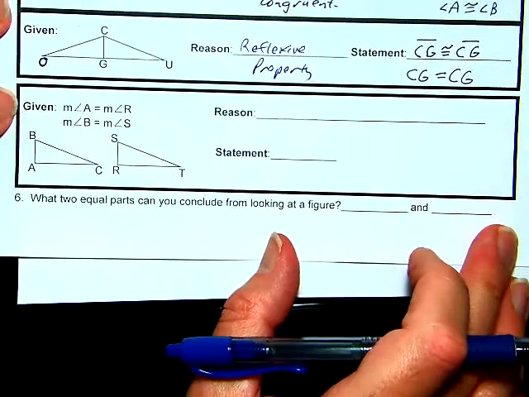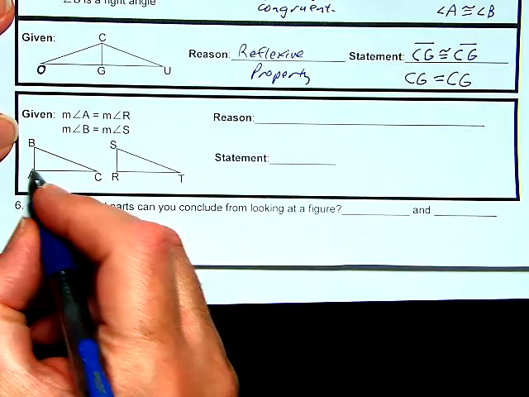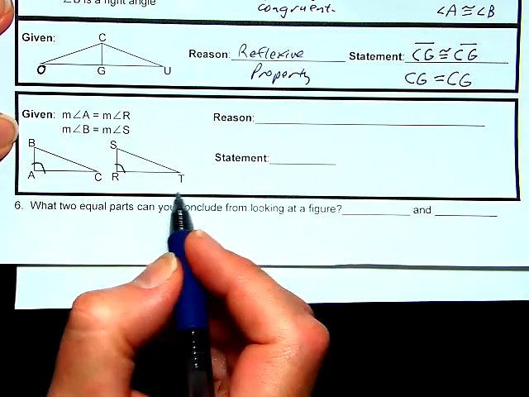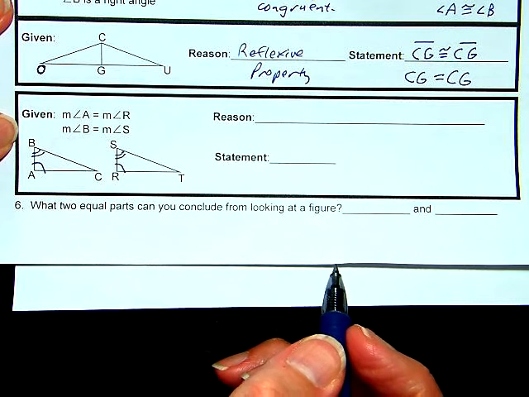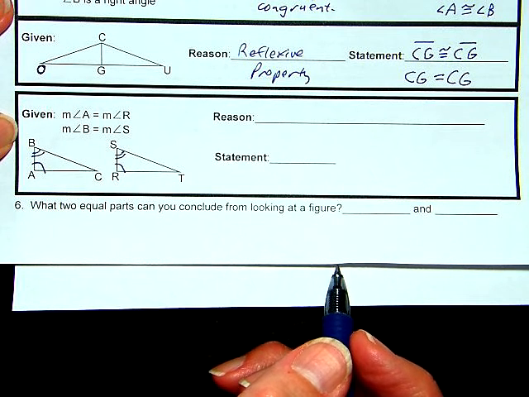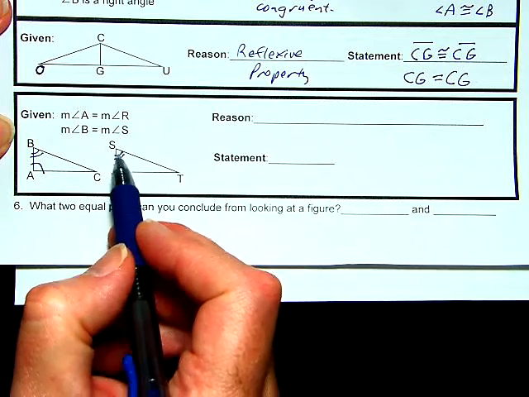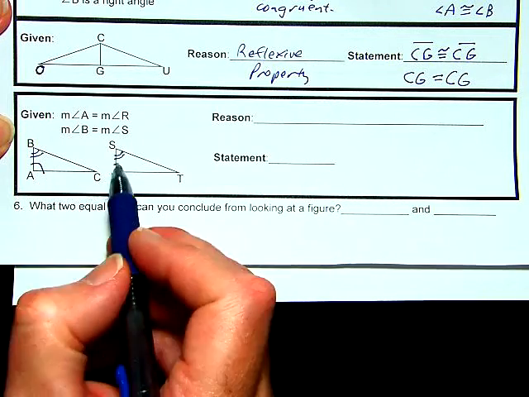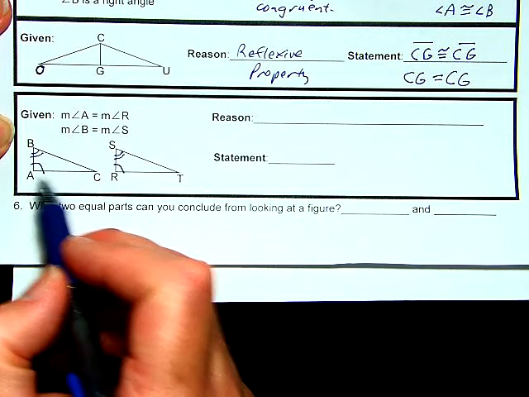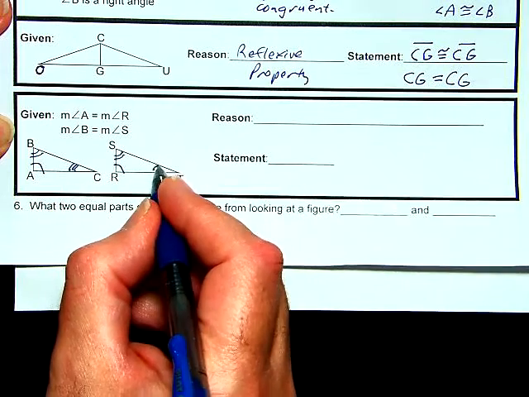And then finally, we have another situation when we're given that the measure of angle A equals the measure of angle R, and the measure of angle B equals the measure of angle S, and we need to conclude something else from this. What's important here is to realize that if you've got a triangle and two of the angles in one triangle are congruent in a respective way to two angles in the other triangle, that means the third angle is also congruent to the third angle.